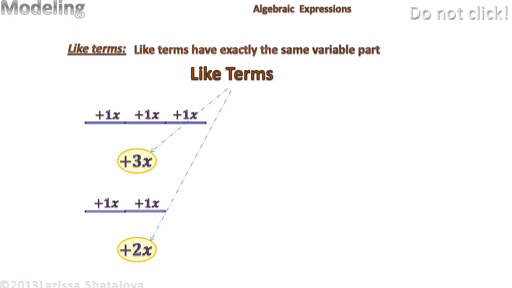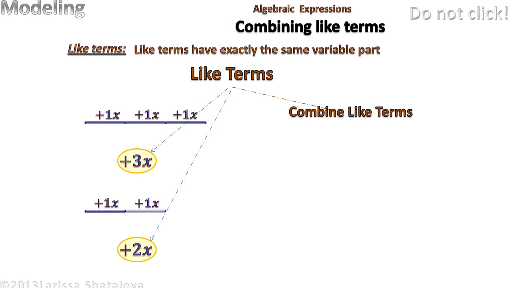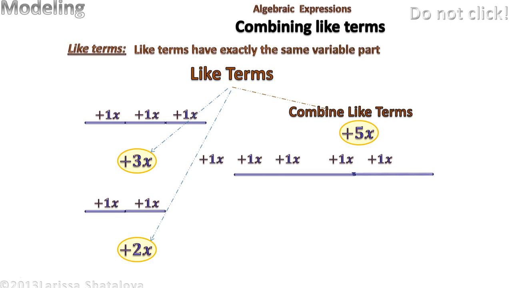As you see, the first term has x and the second term has x. So now we can combine like terms, meaning we can add them. Here is 3x and 2x. Together it will be 5x. Or we can say positive 3x and positive 2x will be positive 5x.